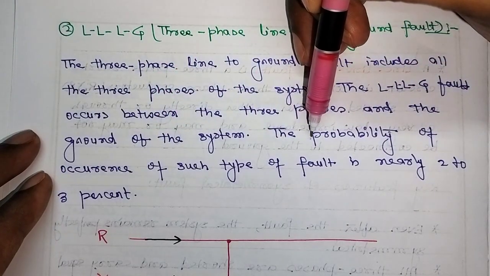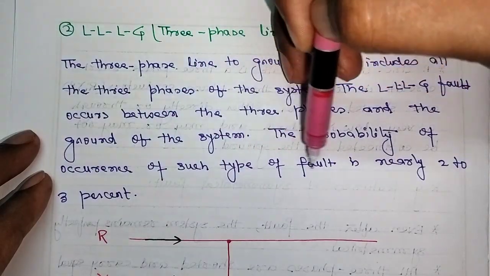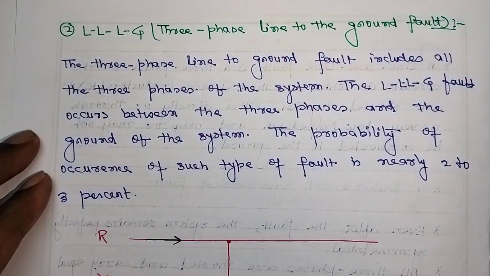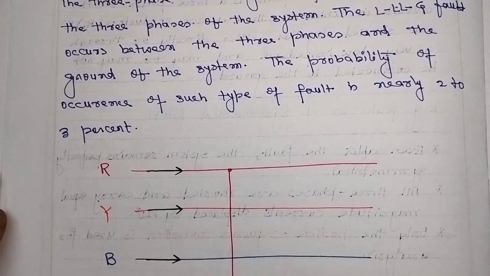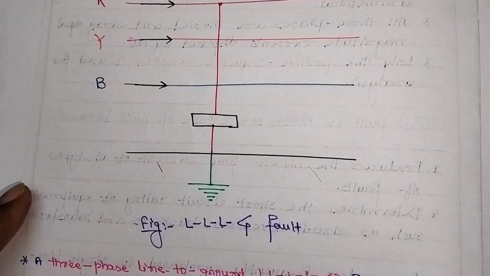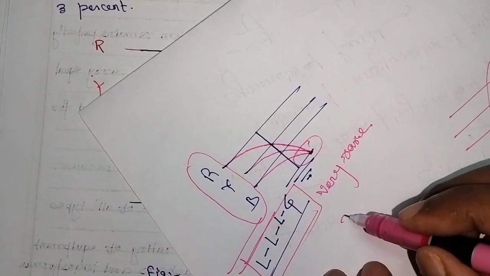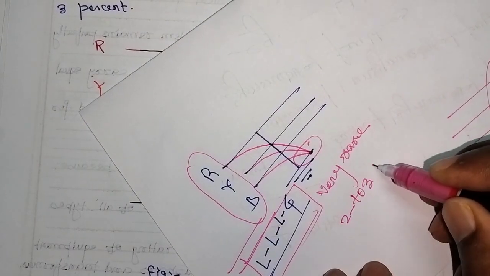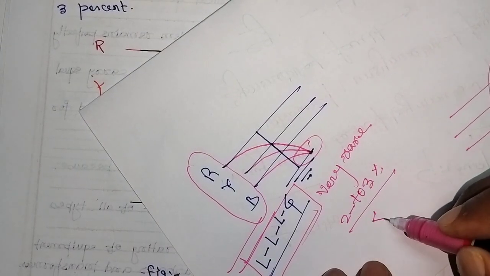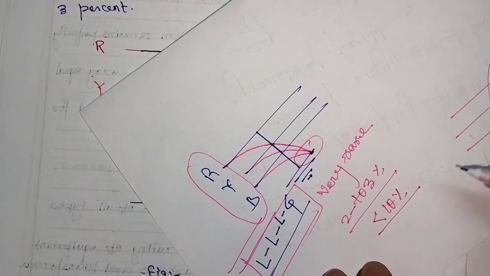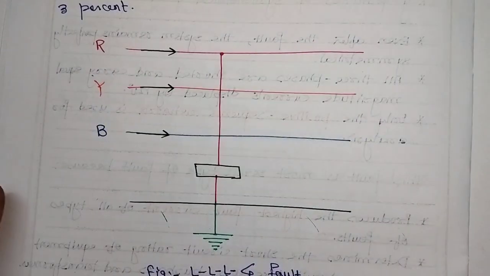The probability of the occurrence of such type of fault is nearly 2 to 3%. It occurs very rarely in nature. Somewhere it is written less than 10% also.